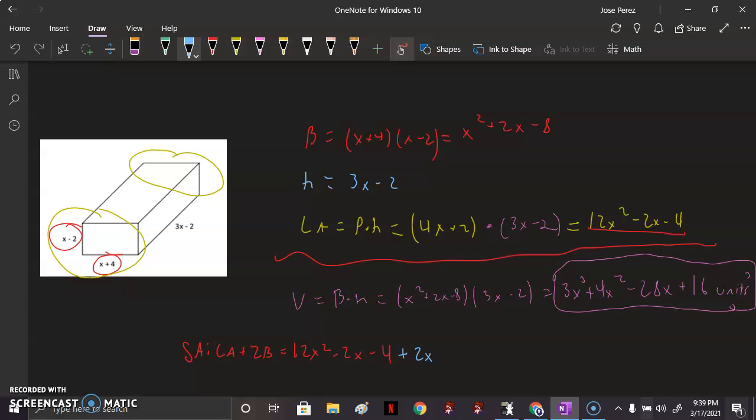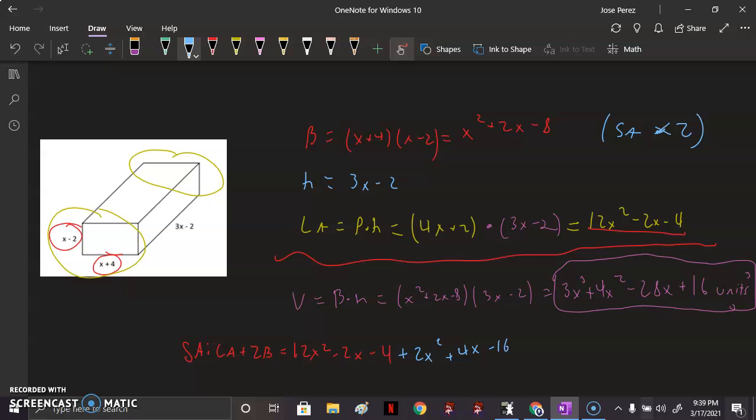If we multiply it out, the 2B for SA, we multiply this by 2. We would get 2x squared plus 4x minus 16.